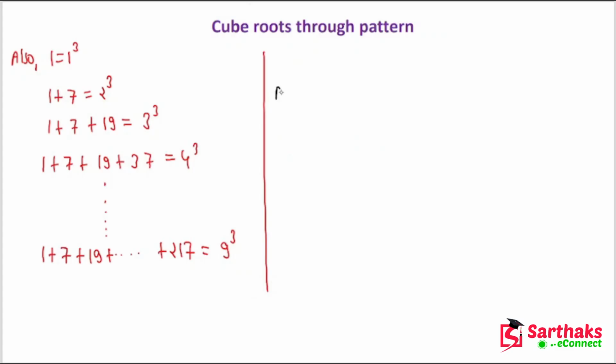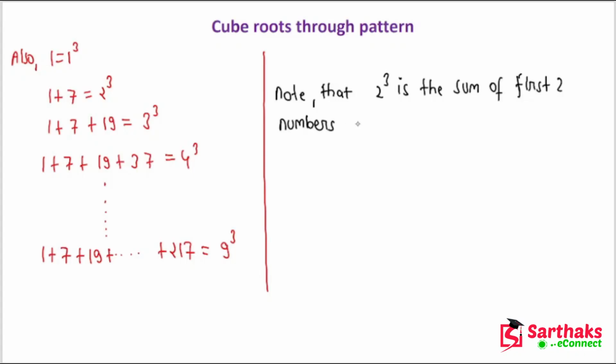You can see that, note that 2 cube is the sum of the first 2 numbers of 1, 7, 19, 37, 61, and this is the series, right?